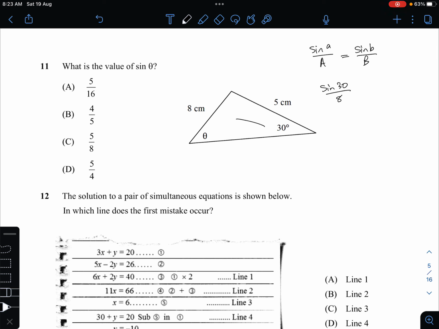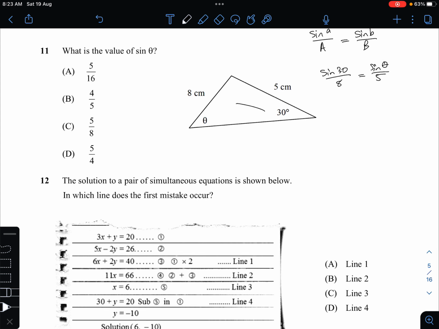So you're just going opposite sides. Sine 30 on 8 is equivalent to sine theta on 5. Then you multiply across. 5 sine 30 on 8 equals sine theta. Arc sine, or sine negative 1, is 5 sine 30 on 8.